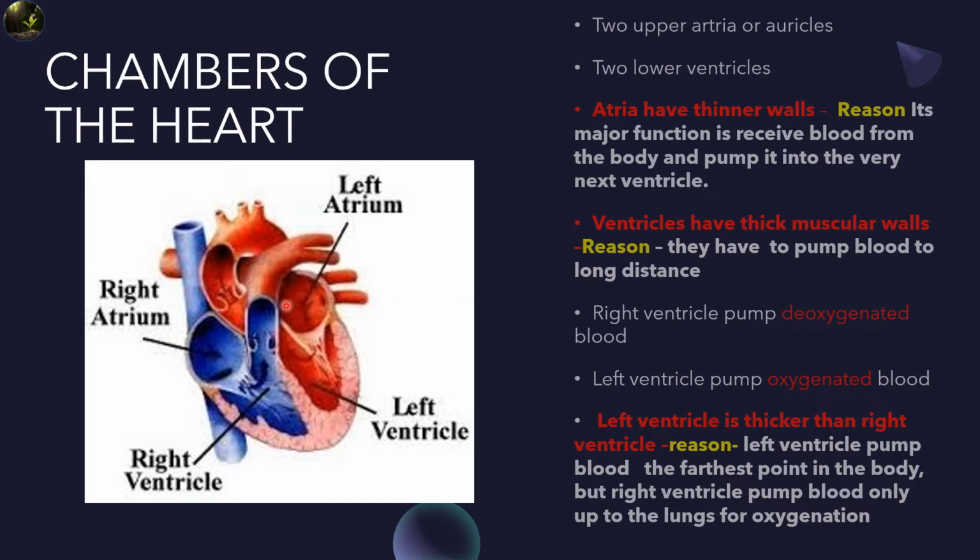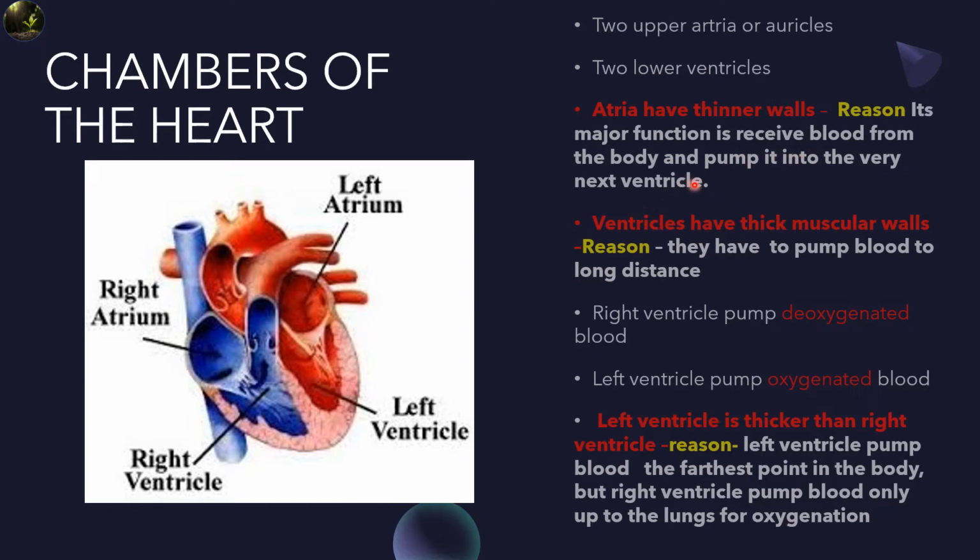What is the main function of the atrium? Its main function is to receive blood from the body. Left atrium also receives blood, and right atrium also receives blood from the body. That point you have to remember, receiving blood.